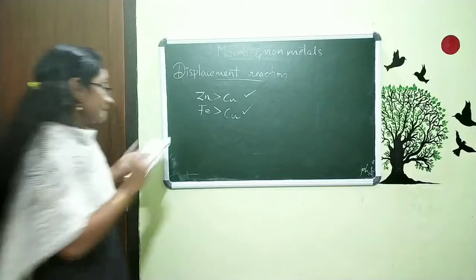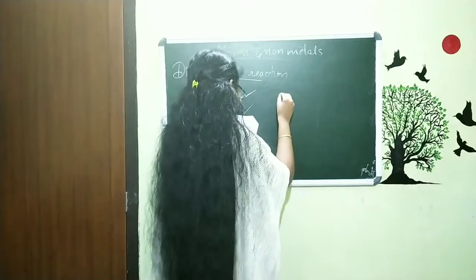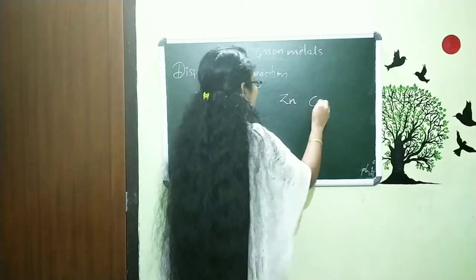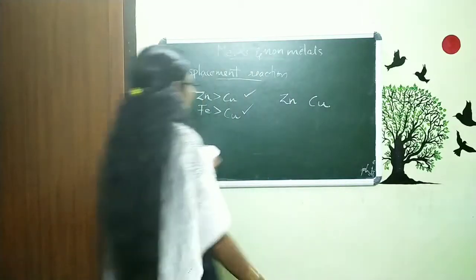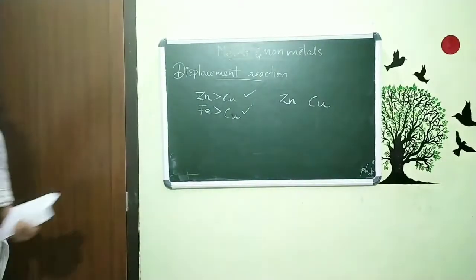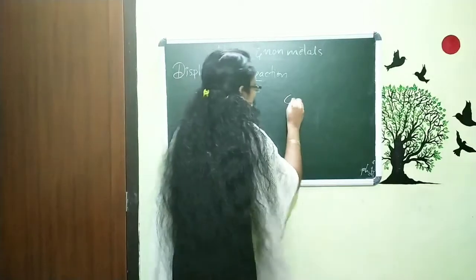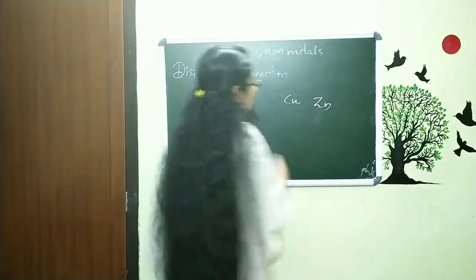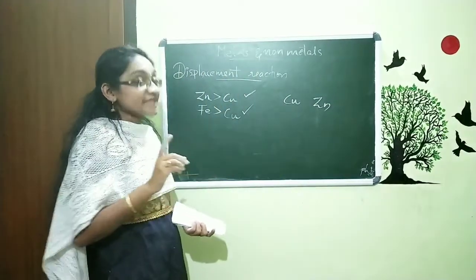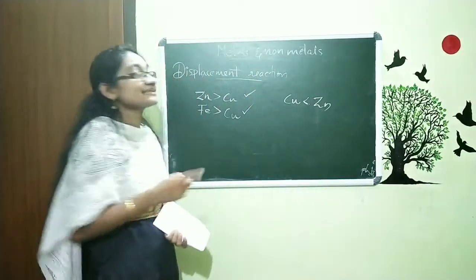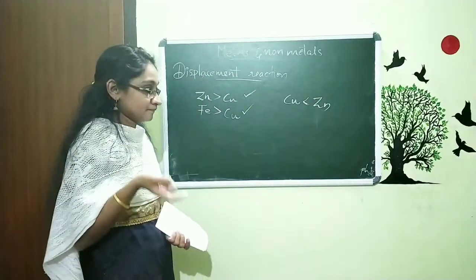In the third beaker we have zinc sulfate and copper. I am just writing it in reverse. That means here we have copper and the zinc. When you observe here, you can see that this copper is less reactive than the zinc.